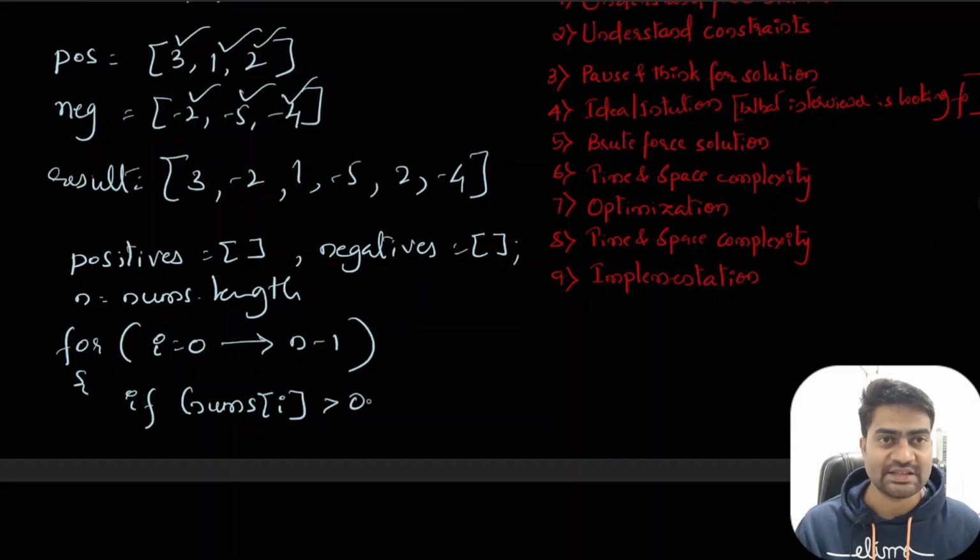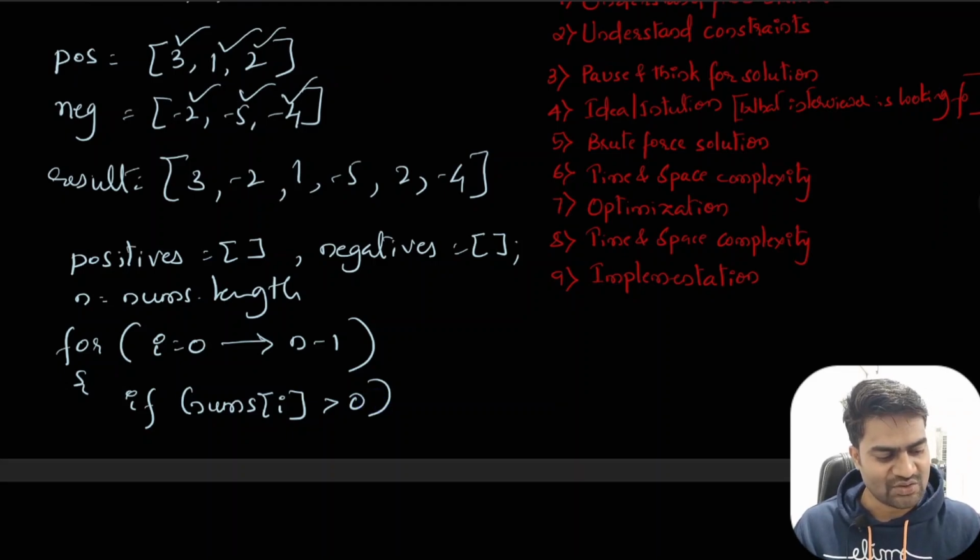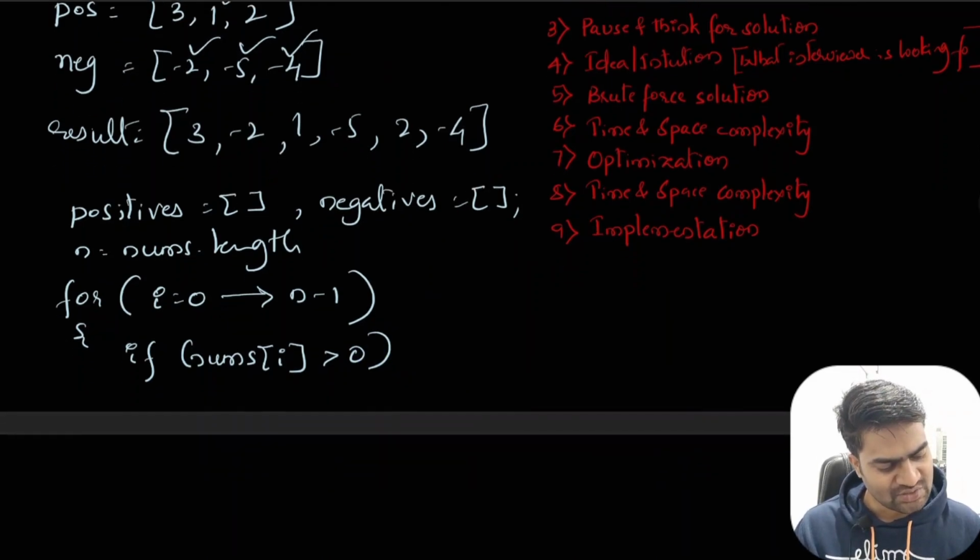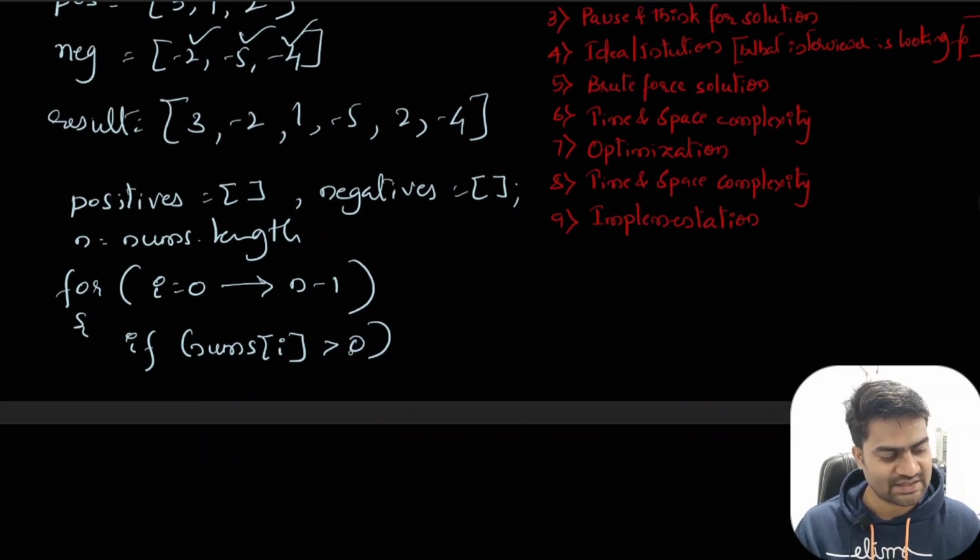Okay. So with this, now I will check if my nums of i is greater than 0. If you have seen the constraint, it is clear, right? There won't be 0. The number will be between 1 and something like 10 raised to 5, positive or negative. So there won't be 0. So I will check if the number is greater than 0, then I will say positives.add or push nums of i.